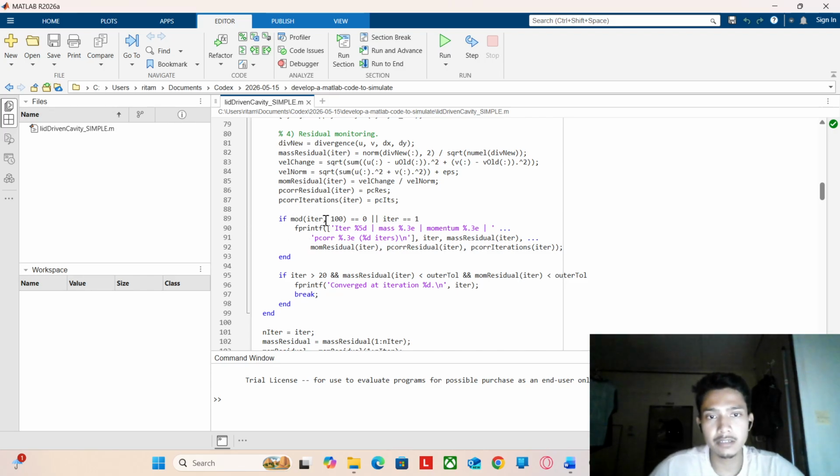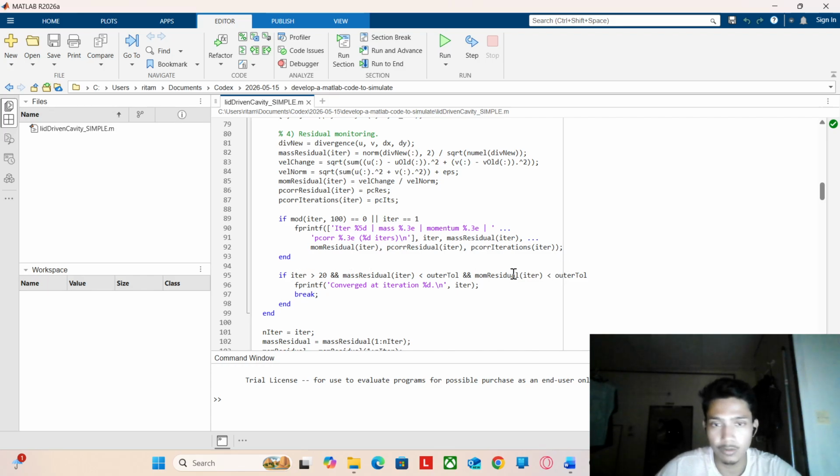Now, if mod iter, 100 equal double equal 0, or iter double equal 1, then print. And if iter greater than 20 and mass residual iter less than outer tol and mom residual iter less than outer tol, print. So the iteration stops when convergence criteria are satisfied. Here it is mentioned that the iteration stops when convergence criteria are satisfied.